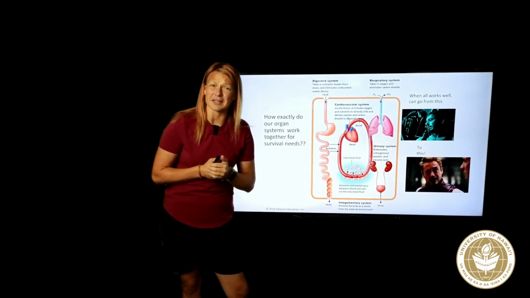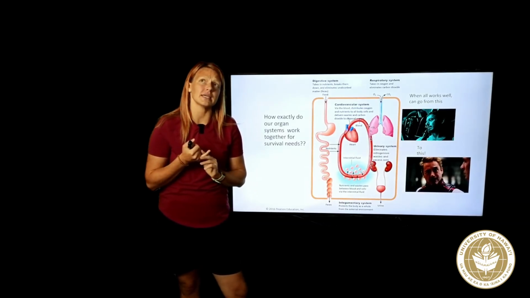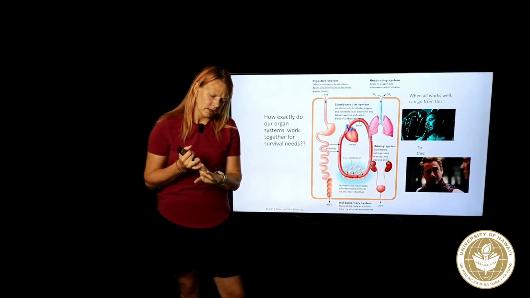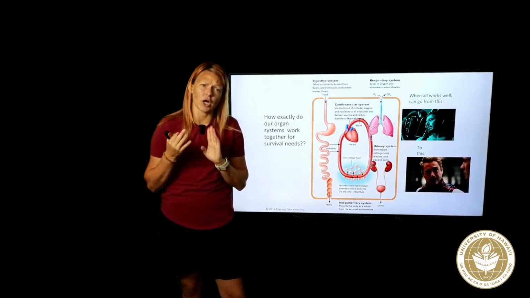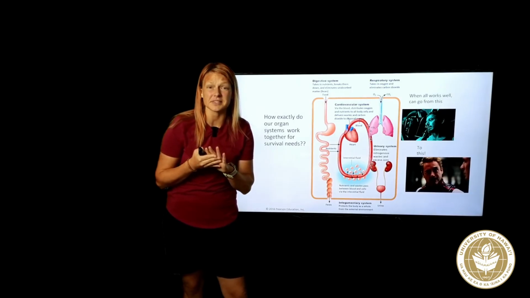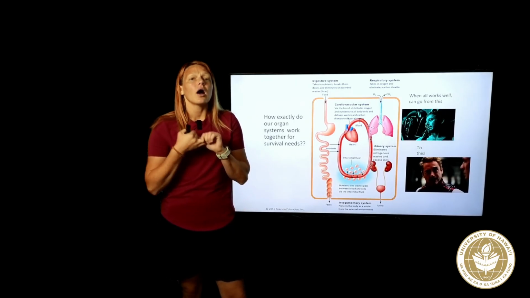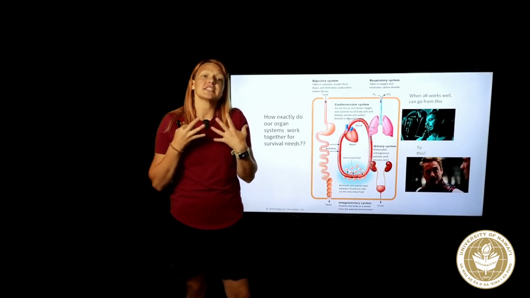But we're missing a lot too, right? We're missing our skeletal system, our muscular system, our nervous system, our endocrine system, lymphatic system, reproductive system. All of our systems are functioning together.